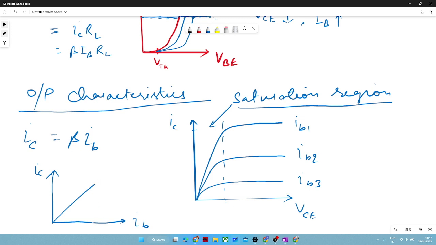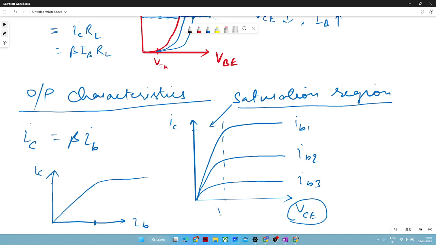But after some point, it doesn't matter how much we increase the base current, your collector current is not going to increase. So that will be fixed. So that's why it is known as linear region. And here in output characteristics we are seeing the relation between VC and IC, not IC and IB.